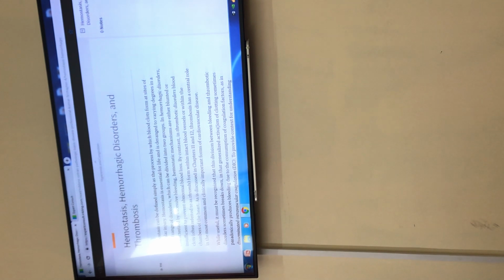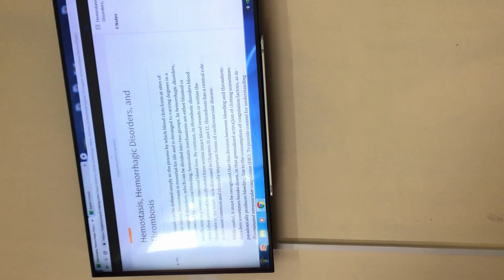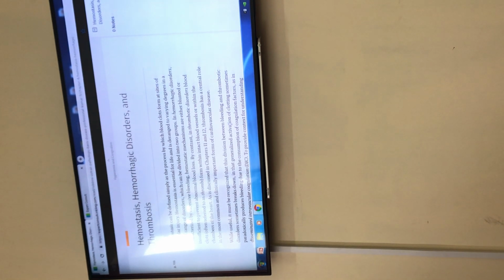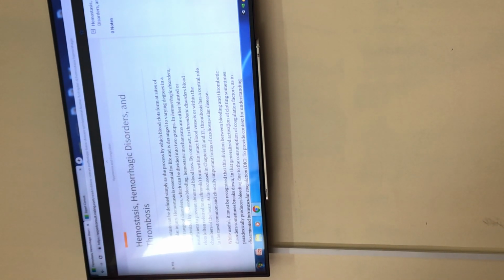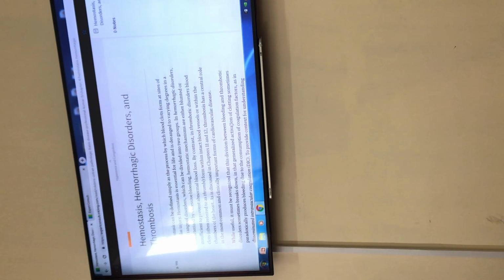It includes the roles of vessel walls, platelets, and coagulation factors. We should have normal platelet function, platelets with normal number. We should have a normal vessel wall, and also enough coagulation factors for having a normal hemostasis. So this is hemostasis.